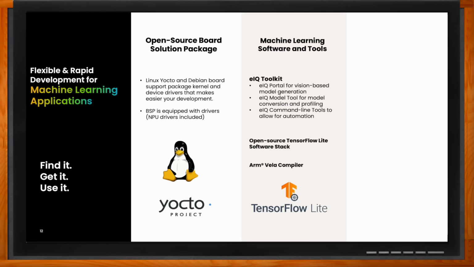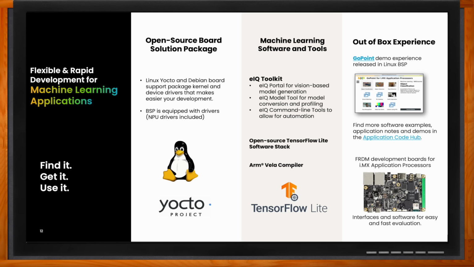For example, if I wanted to take my model and run it on the i.MX 93 Freedom board, I'm able to do that just out of the box. I'm able to open up the board, throw my model onto the board, and then run it, and it will work, which is great. Provided that you convert it using the eIQ Toolkit, I don't have to go into TensorFlow Lite and try to enable a bunch of custom features and change the settings of TensorFlow Lite to get it to work with the NPU. It's already done for you, which is great.